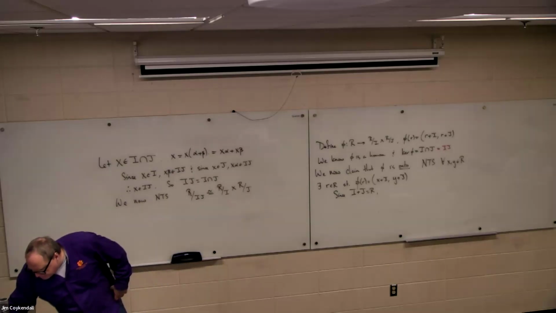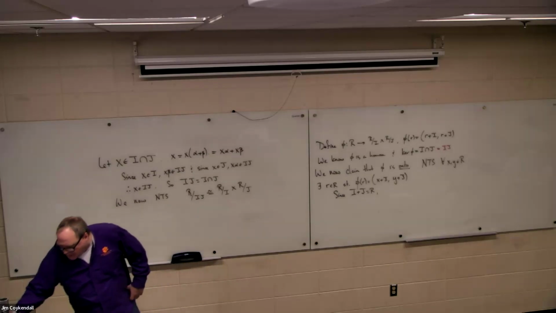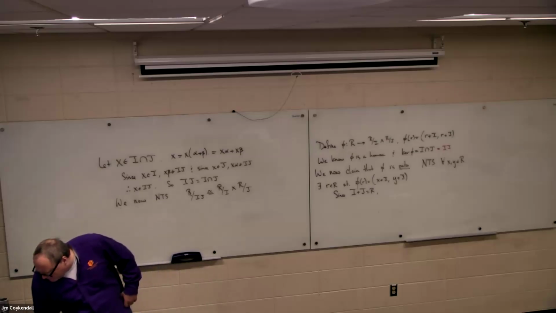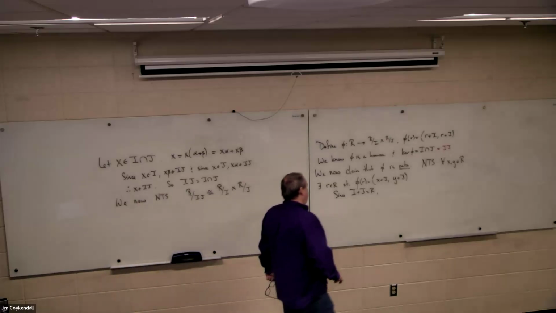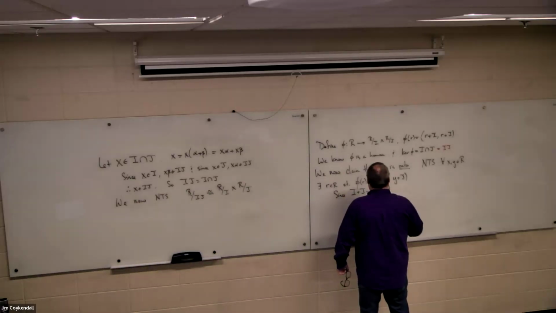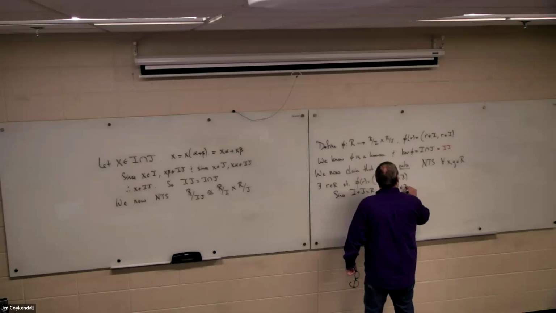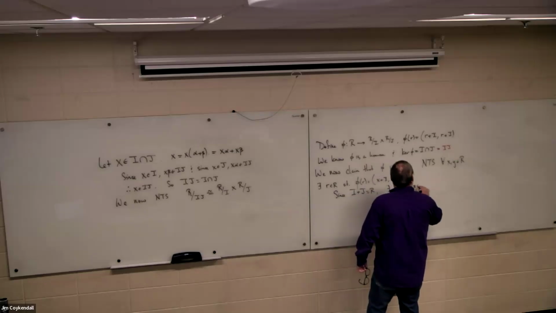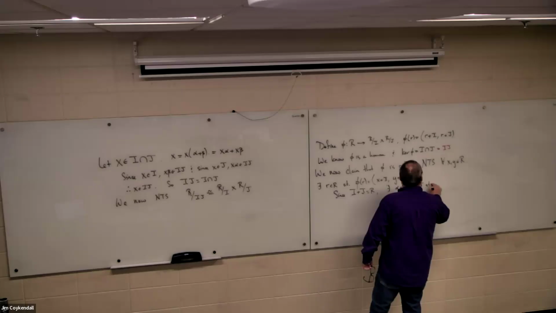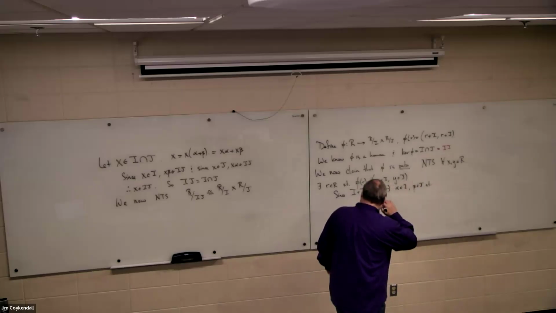then there exists alpha in I, beta in J, such that, make sure I get this right.